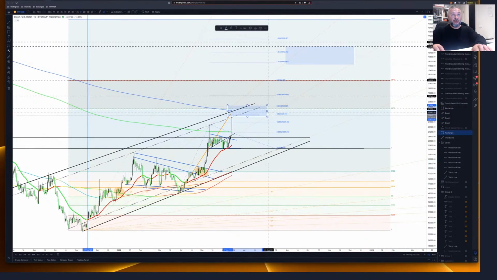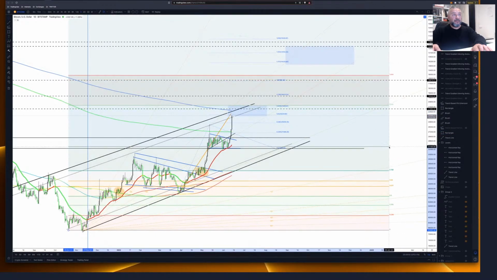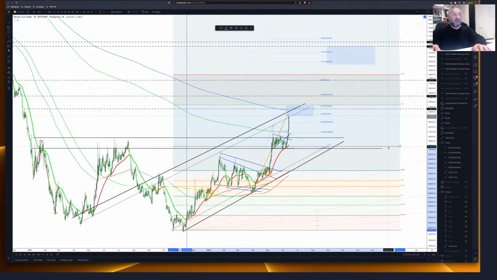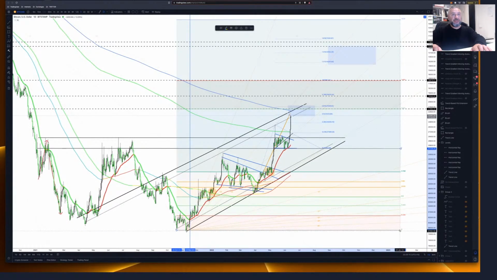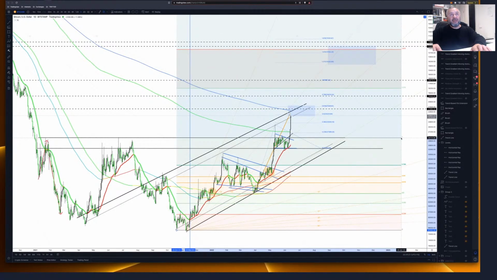So that's giving us a lot of weight. We've got the 0.72. So if this was the neckline, let's go back. If this was a neckline, we'll have this black line, and I'll put my 1 there, reference, and my 0. You can see the 1.272 is that level there, also in that box area. If I said this was the neckline, then you can see the 1.414 also comes into that place.